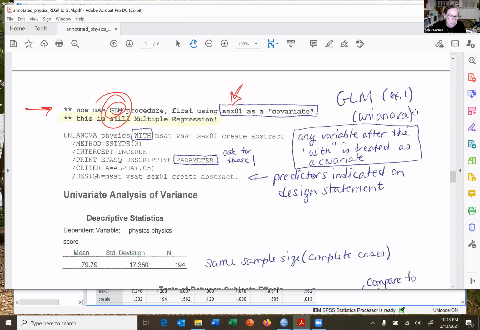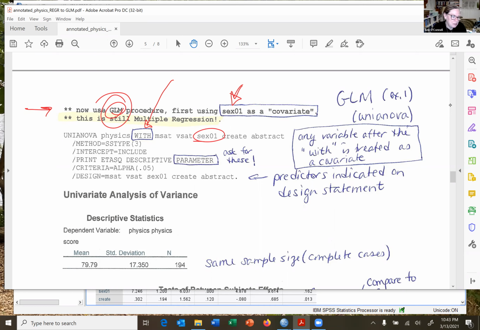The one thing I want to point out is this with command. Any of the variables that follow the with command are being treated as covariates. That means you've either dummy coded them in the way that you want them dummy coded, or they're continuous. So all of our variables, including sex01, I'm including after that with statement.